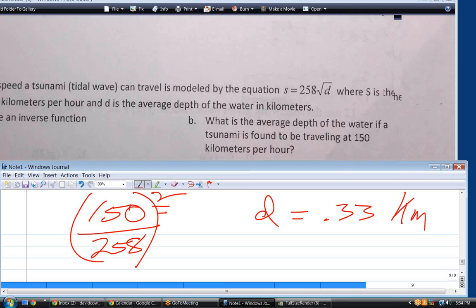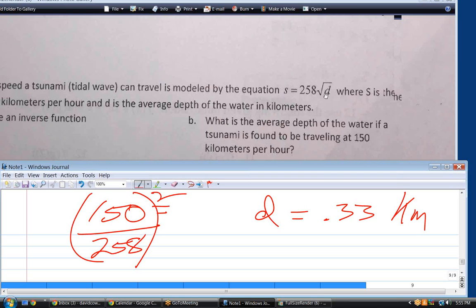So that's pretty deep. That's about 1,200 feet of ocean. And you can see why tidal waves become so dangerous as they approach the shore. The depth of the ocean goes from 2 miles deep to 20 feet.